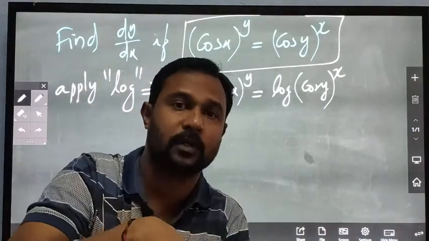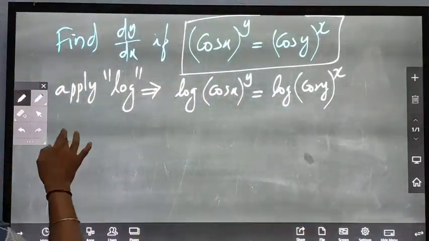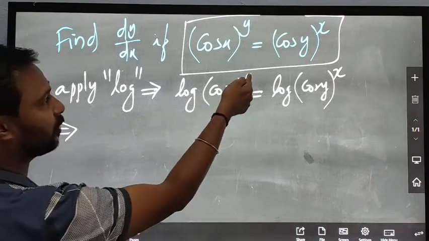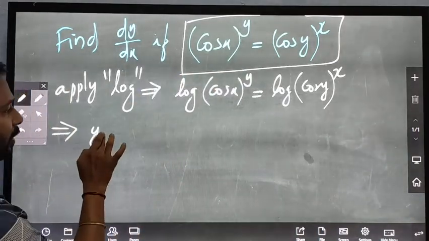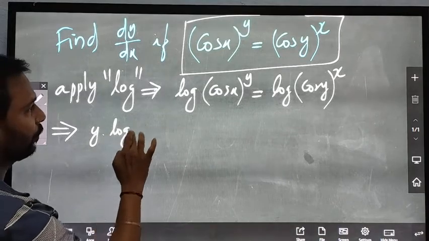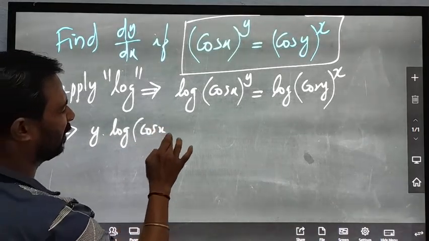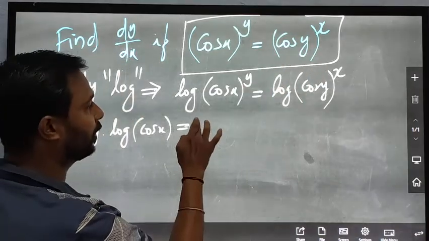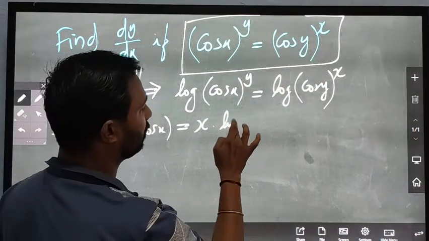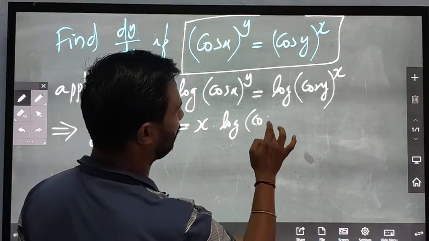The power comes in front of the log. Then what you are getting is y into log of cos x is equal to, same idea here, this power comes in front of log, x into log of cos y.